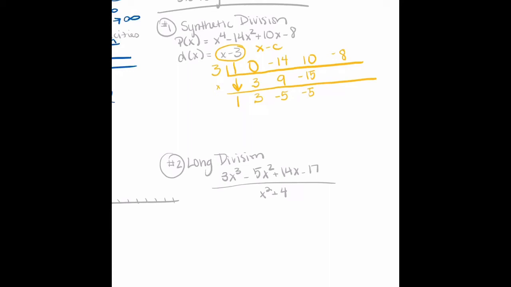And negative 5 times 3 again is negative 15. When I add negative 8 and negative 15 together, oh, I wrote this wrong. Well, we'll leave it as is. I get negative 23. So this is my remainder.